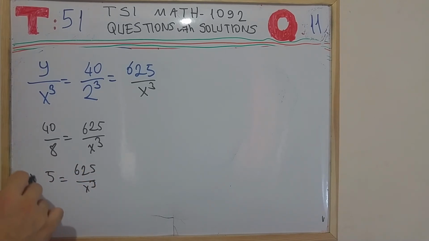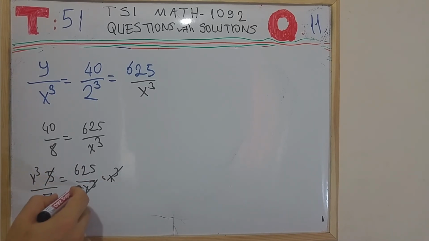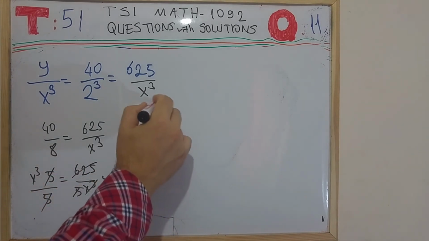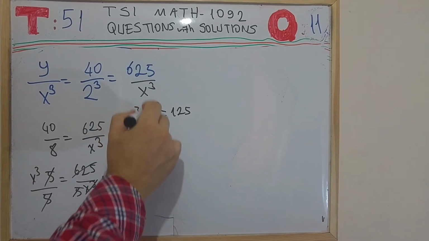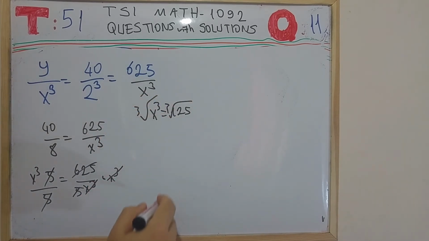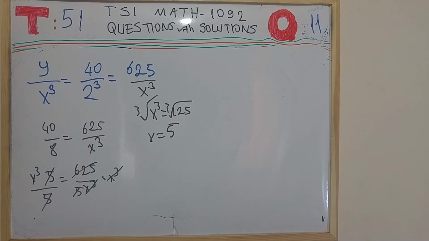When I multiply each side by x cubed, and divide each side by 5, x cubed's are gone, 5's are gone. This 5 simplifies 625, and x cubed is left as 125. When I take the cubic root of each side, the cubic root of 125 is equal to 5.